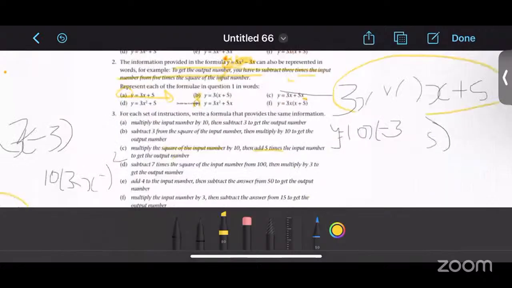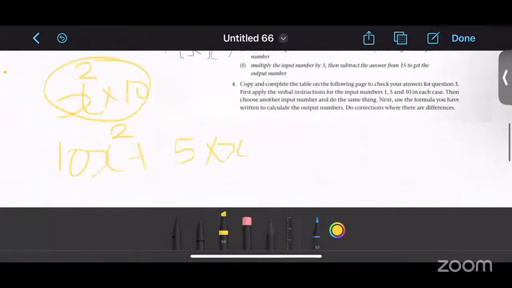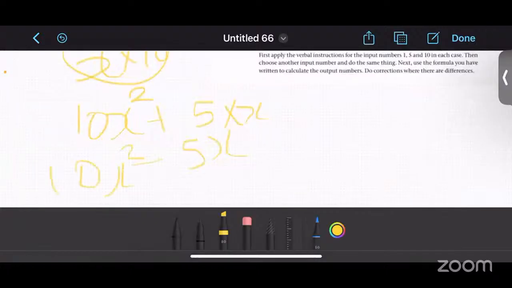We said the input number is x, so 5 times x is 5x. So basically, it's 10x to the power of 2 plus 5x, and this is going to be the correct answer.